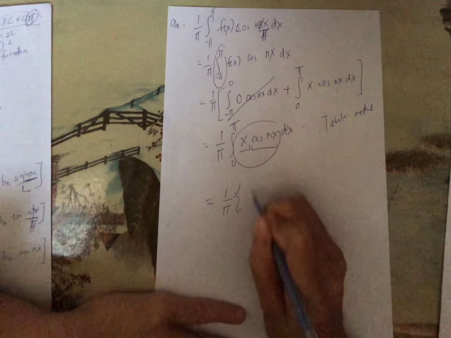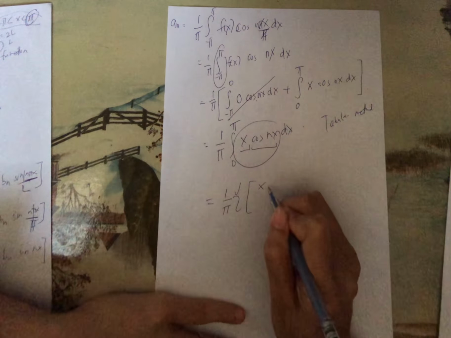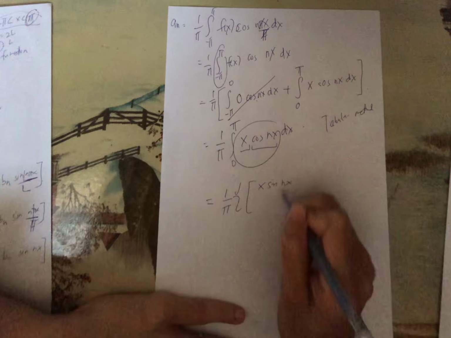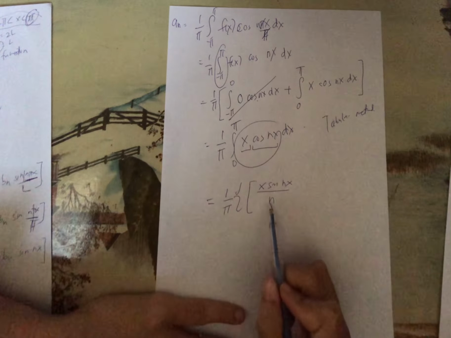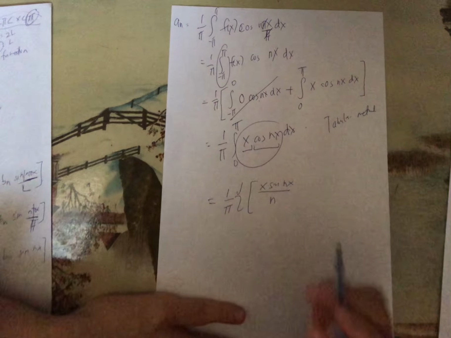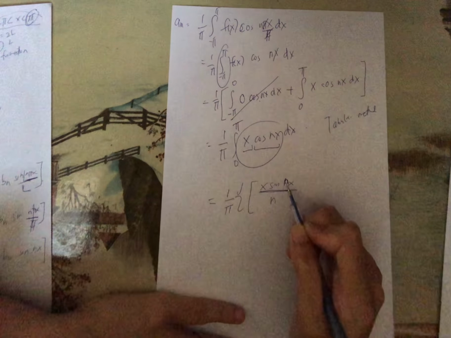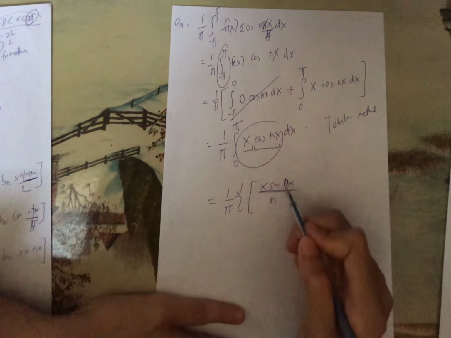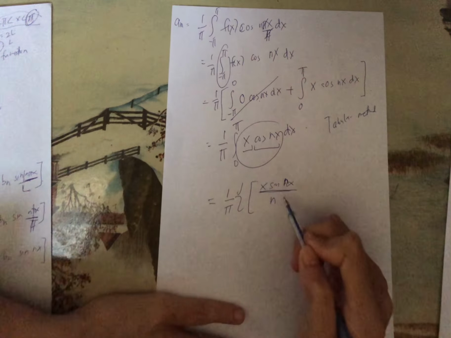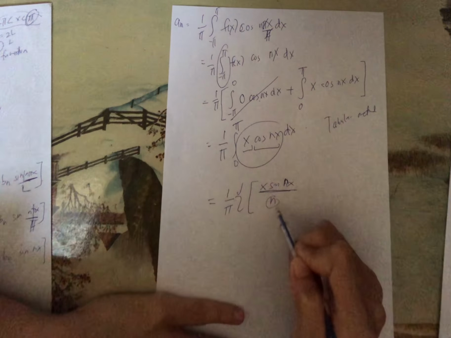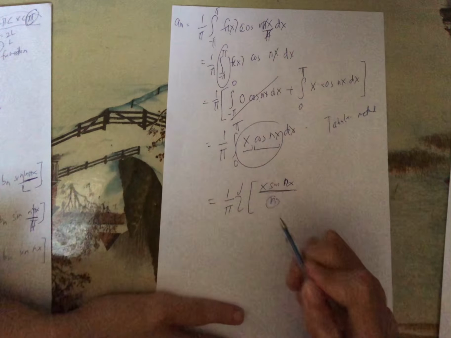So now you will get it like this: x sine n x over n. This n will be overall, so this n and this n you cannot cancel off, because this n belongs to x as well as to sine.